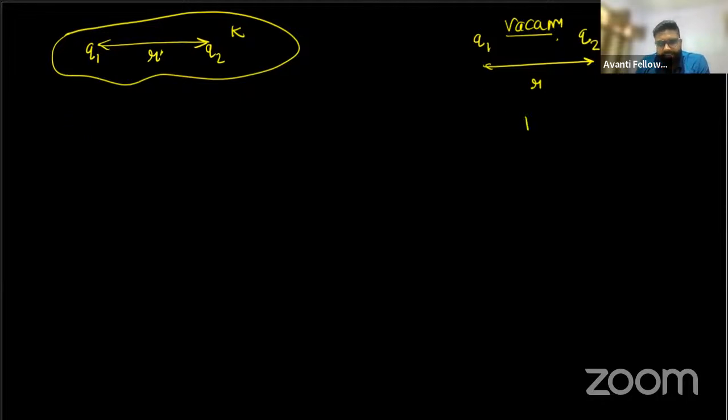So here the force is 1 upon 4 pi epsilon naught Q1 Q2 by R square.